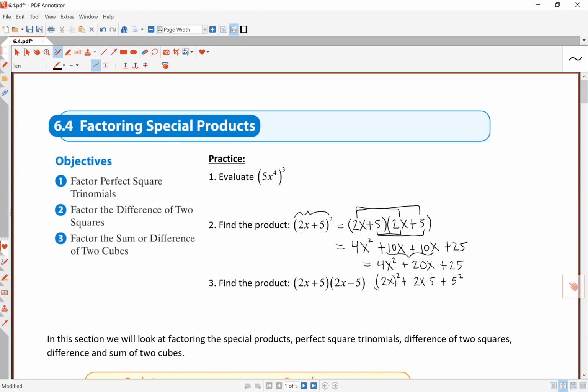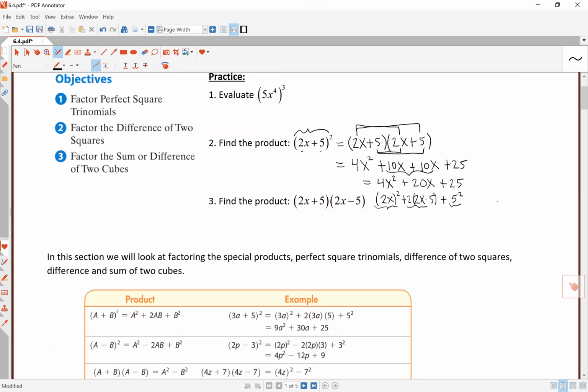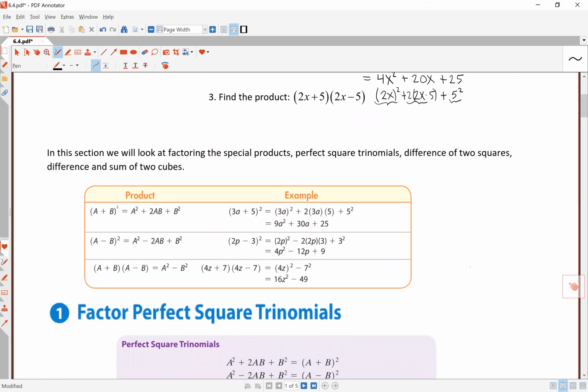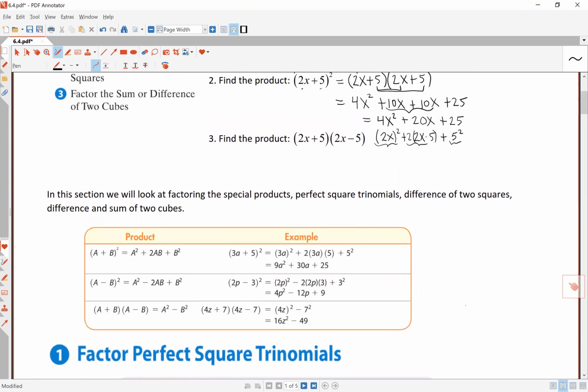So it says to square the first term, take twice the product of the first and the last terms, and square the 5. So that is precisely what we see here. A plus b squared is a squared plus twice ab plus b squared.